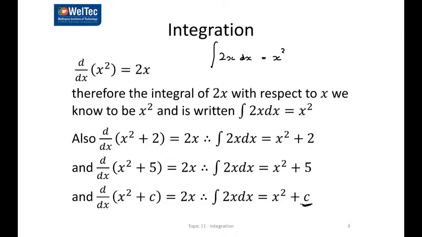And it might have been x squared plus 5, because the derivative of that is 2x. So every time we need to put in this arbitrary number, it's called the constant of integration.